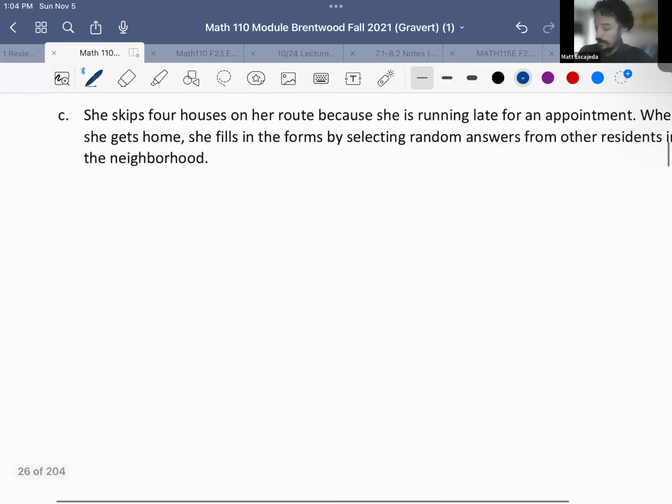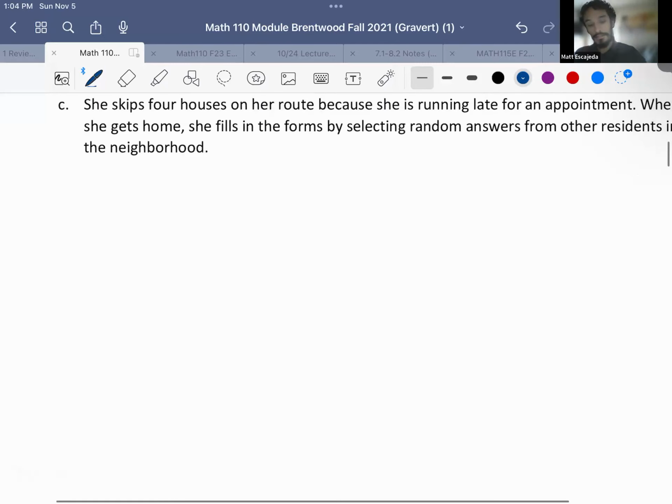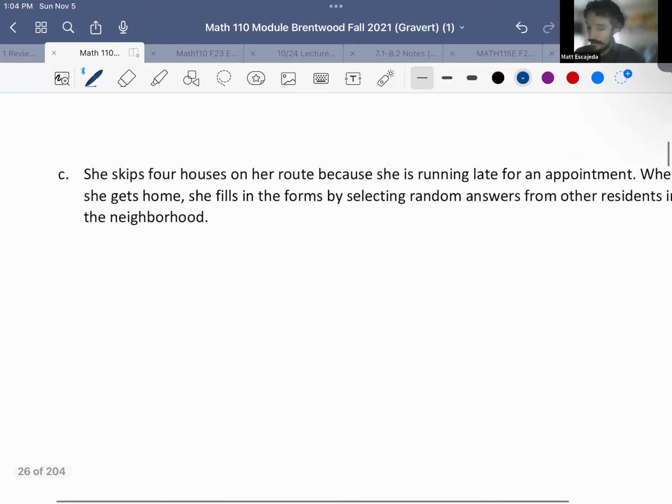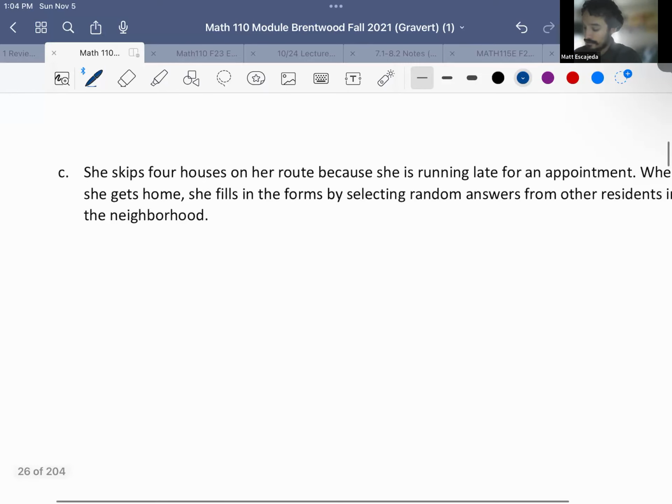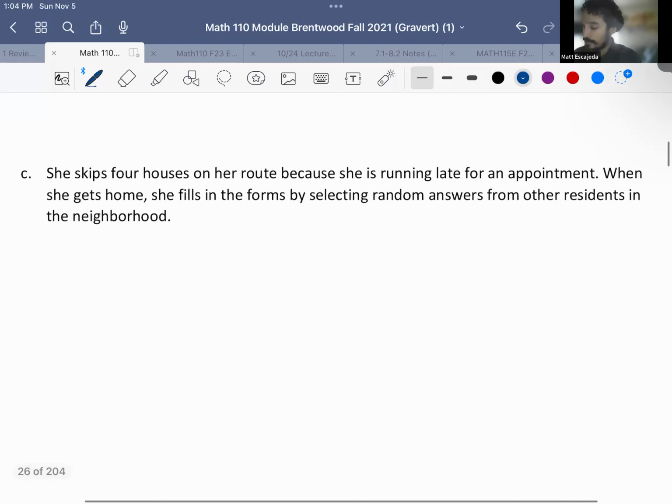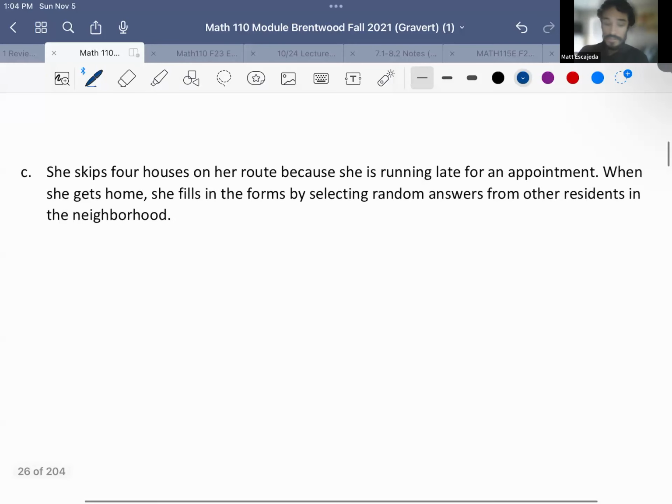But okay, so the last one is C. Say she skips 4 houses on her route because she was running late for an appointment. When she gets home, she fills in the forms by selecting random answers from other residents in the neighborhood. So here's a big problem. This would be basically false data, because she's inputting data that's not from those 4 houses.